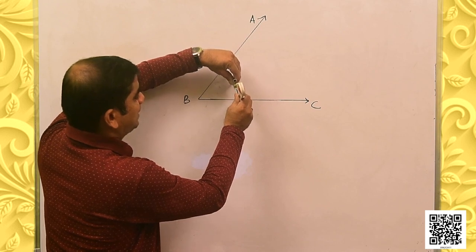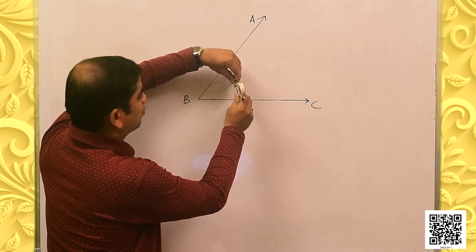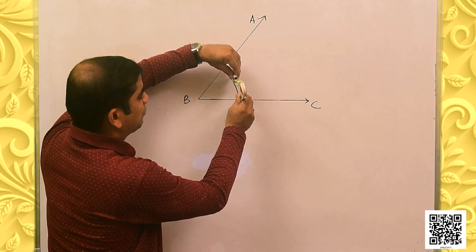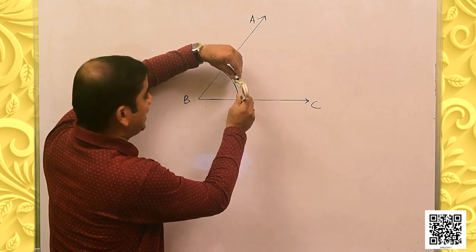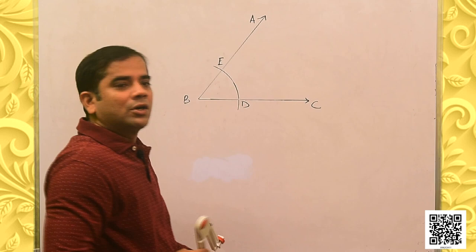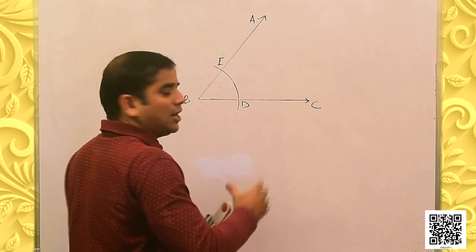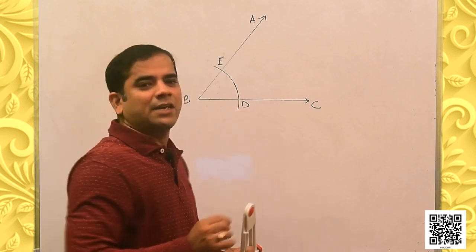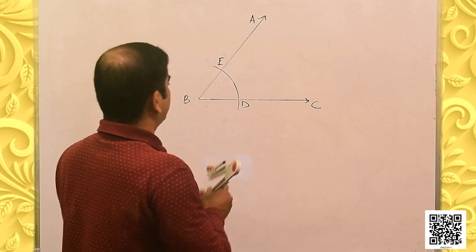This is approximately the center, so we need to just go ahead a bit so that it will be more than half DE. So we need to construct two arcs and we need to find the intersection point of the arcs. So let us do it.